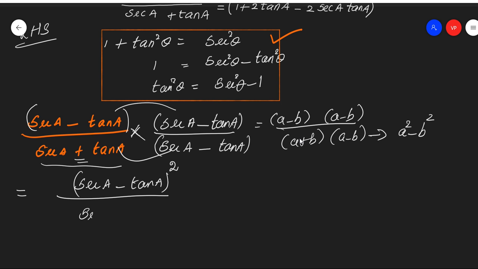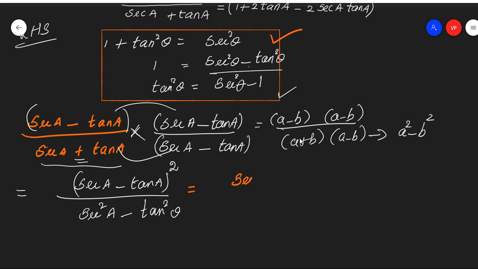What is our a here? That is secant, and b is tan, so secant square minus tan square theta. You just see the table: secant square minus tan square is equal to 1.